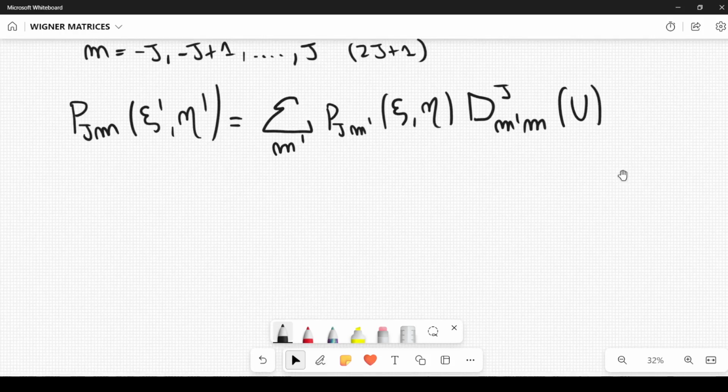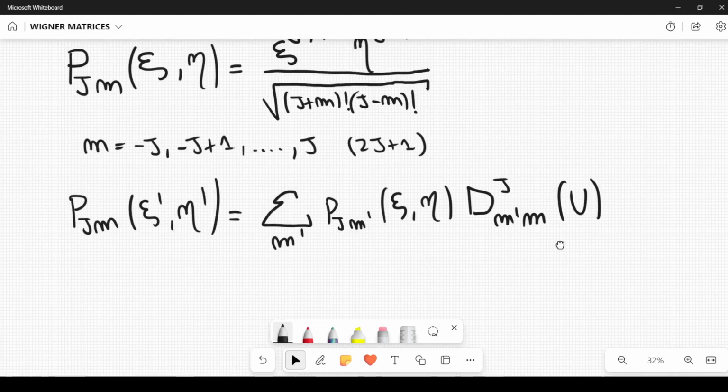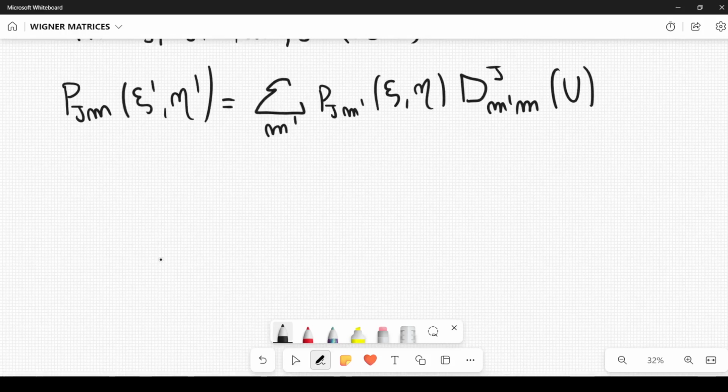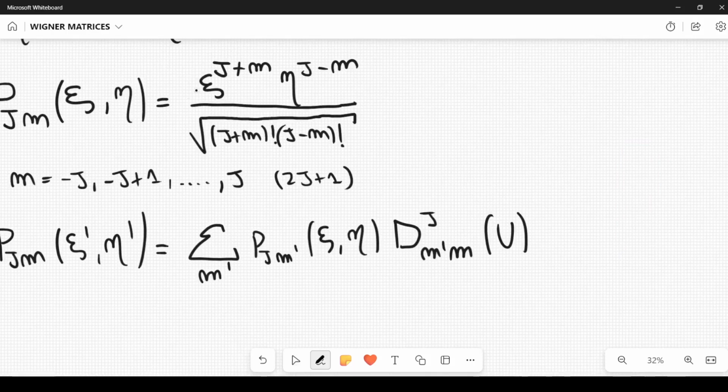And now what I want to do basically is I want to rewrite the formula for this, which you can see from here. Basically, it's exactly the same formula, but you have to replace xi with xi prime, eta with eta prime, and we want to expand it in such a way that we can find these matrices. Now, I want to write this numerator here, where I have xi prime here and eta prime here.